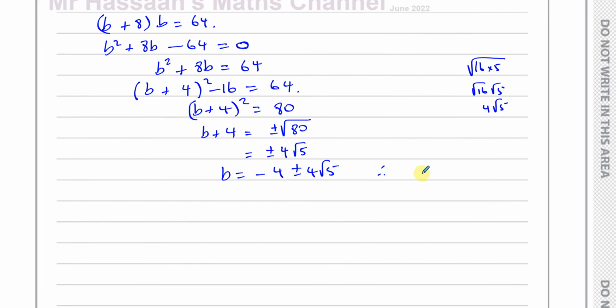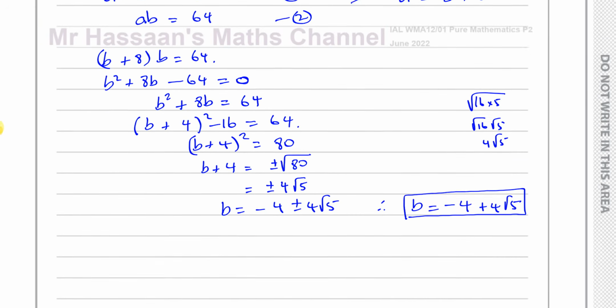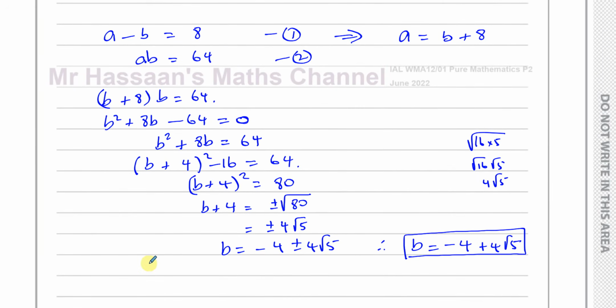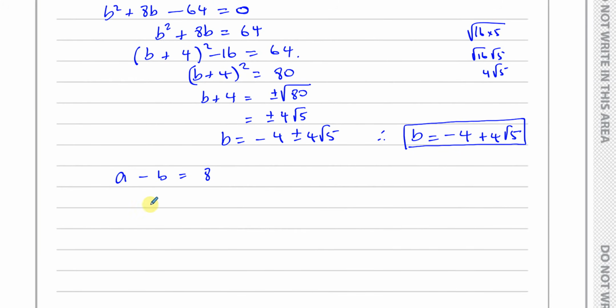So therefore we can say b is equal to minus 4 plus 4 root 5. It can't be the negative part, only this. So that's the value of b. And we can find the value of a by simply using one of these two equations. I think the first equation is easier. If you have a minus b is equal to 8, so a is equal to b plus 8.